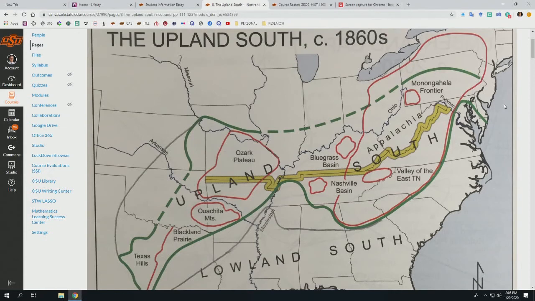Initially, it produced corn, and over time, the crops evolved toward what we call regional specialization. So this is pretty much a rule for agricultural settlement. At first, the generalist arrives.